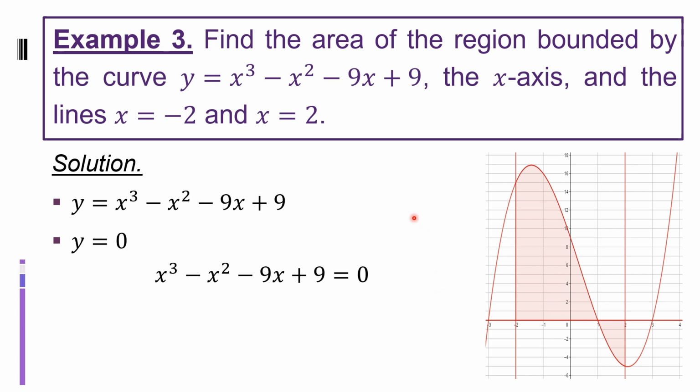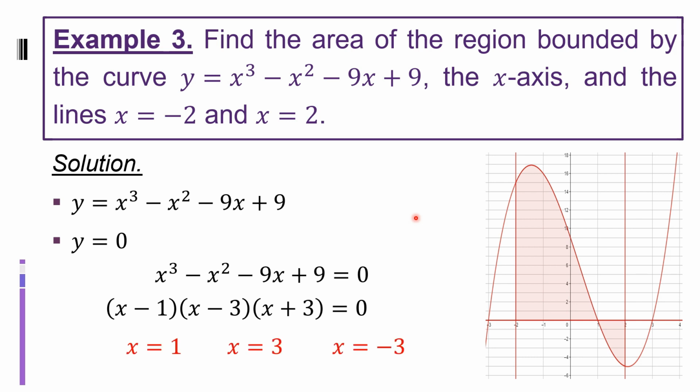Then, if we factor that out, the factors are x minus 1, x minus 3, and x plus 3 equals 0. Therefore, we have values of x equal to 1, equal to 3, and equal to negative 3. Pero sabi niya dito, yung area na hinahanap natin is from negative 2 to 2 only.